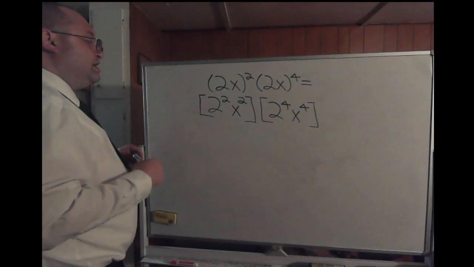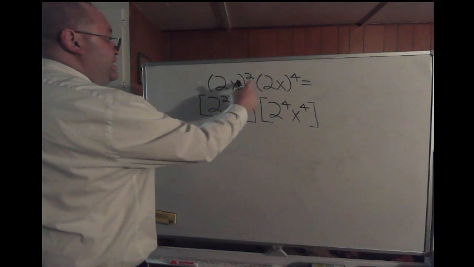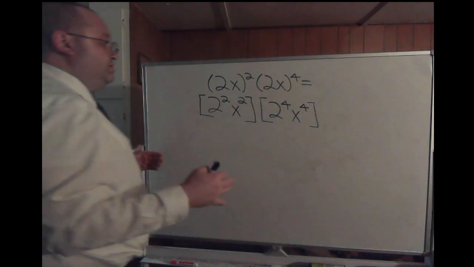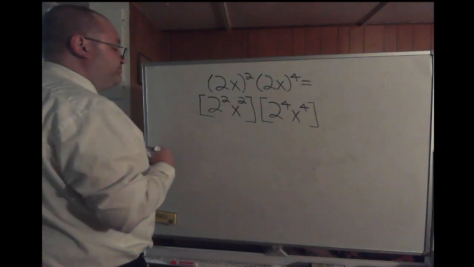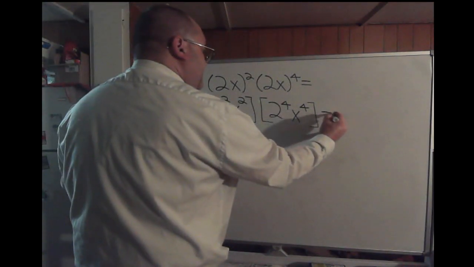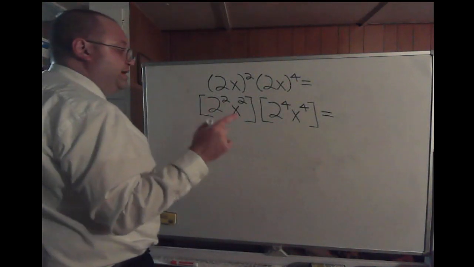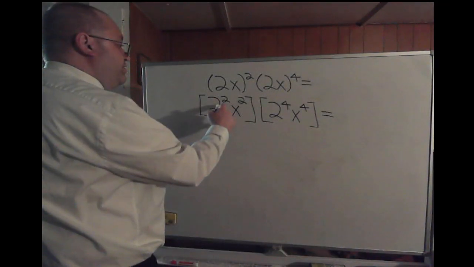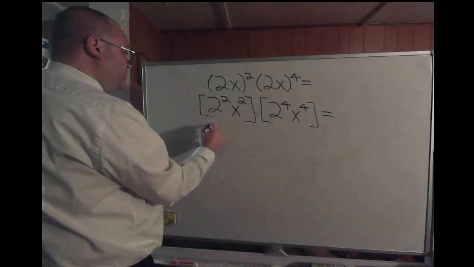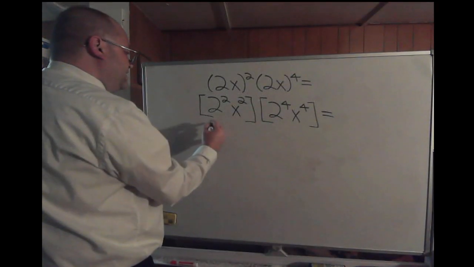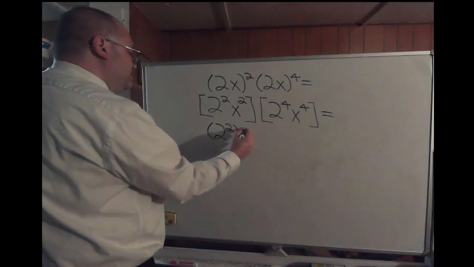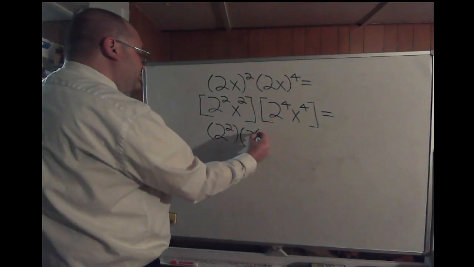Well, we've dealt with the power on each of these 2 terms of the multiplication. Alright. If we recall from yesterday's lesson, if you have the same constant or variable base, whenever you multiply, because you're going to have 2 to the second times 2 to the fourth, let's go ahead and collect the like terms. You'll have 2 to the second times 2 to the fourth.